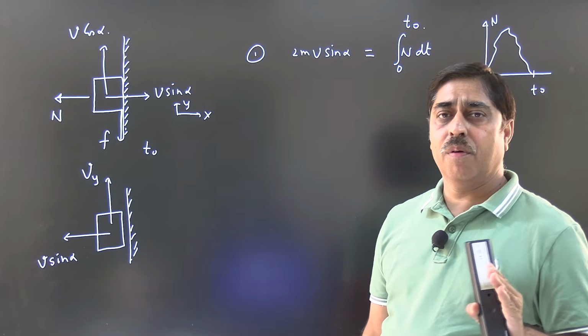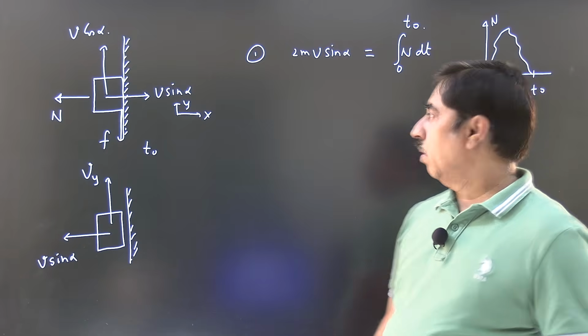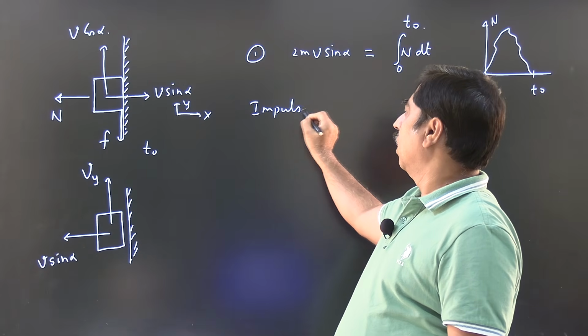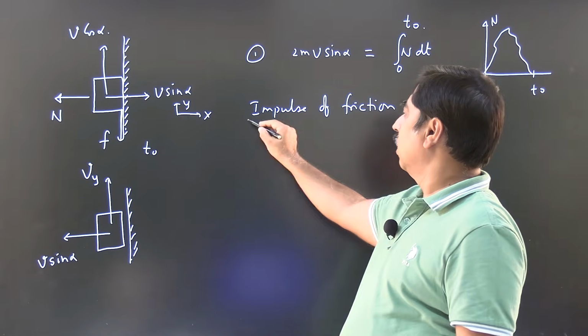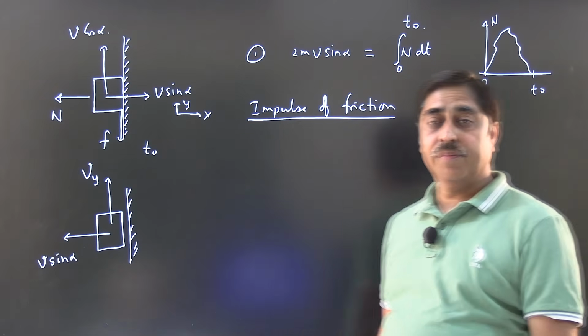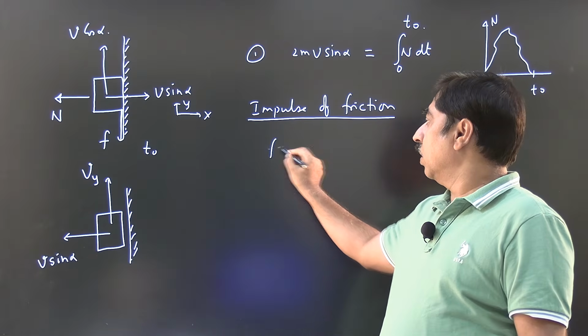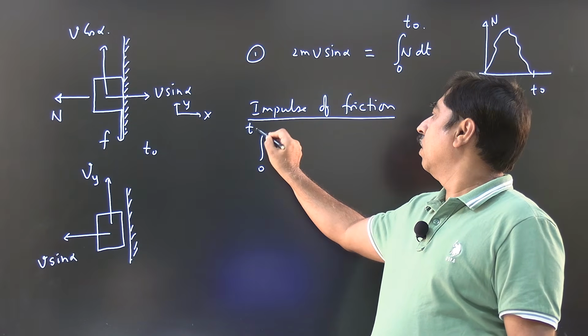Now, friction force is mu into N. So, what is impulse of friction? Impulse of friction, friction acted for t naught second only. Friction force into dt integrated from 0 to t naught.